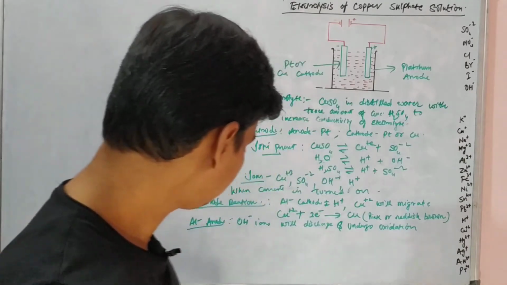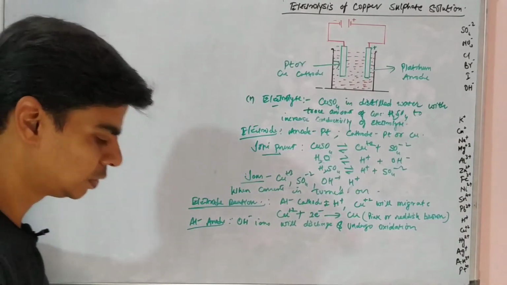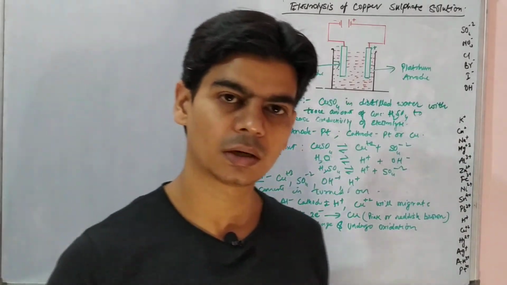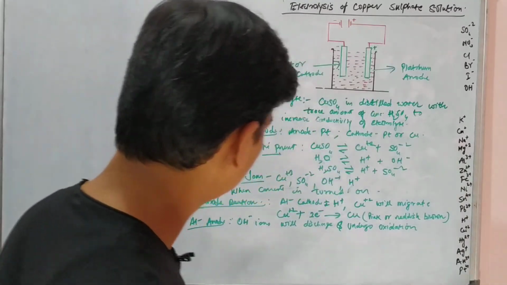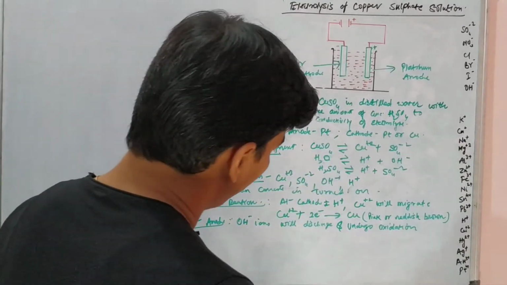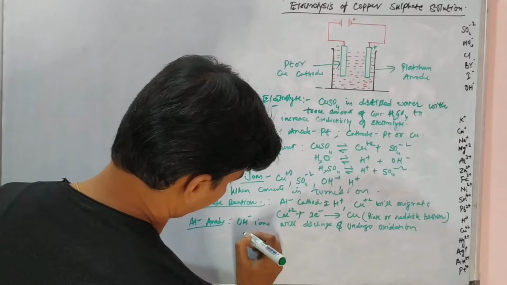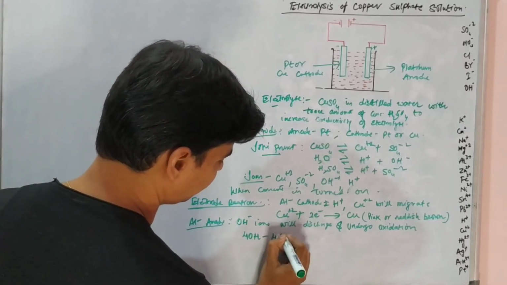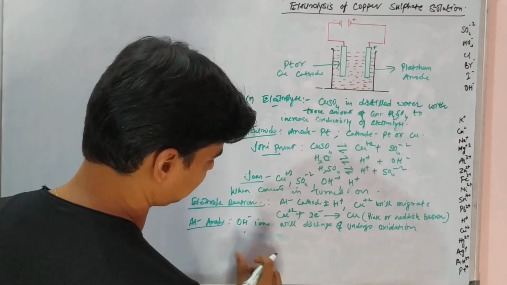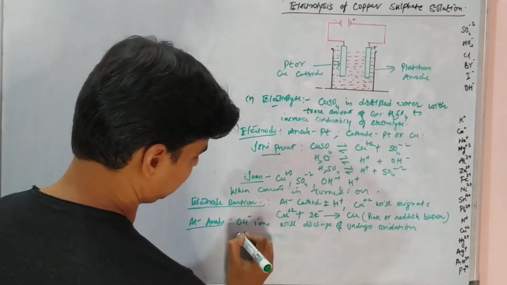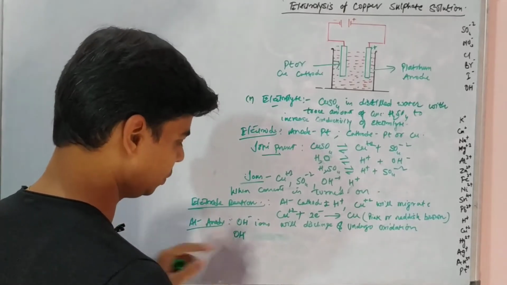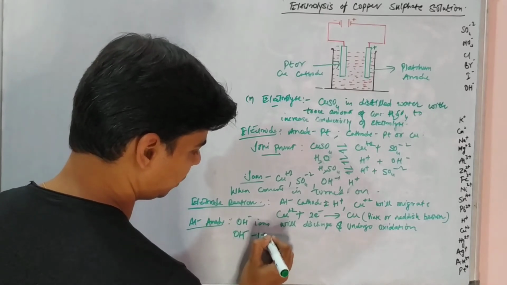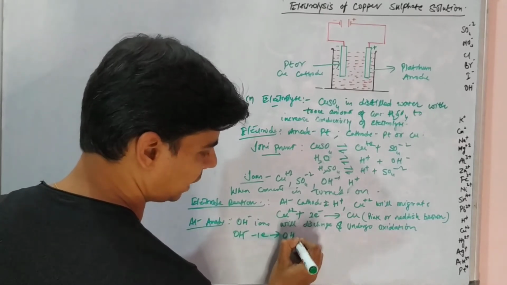In this, a total of 4 electrons are lost. So here also 4 OH radicals will lose 4 electrons. Let's do it first: OH will migrate to the anode, lose one electron and form an OH radical.